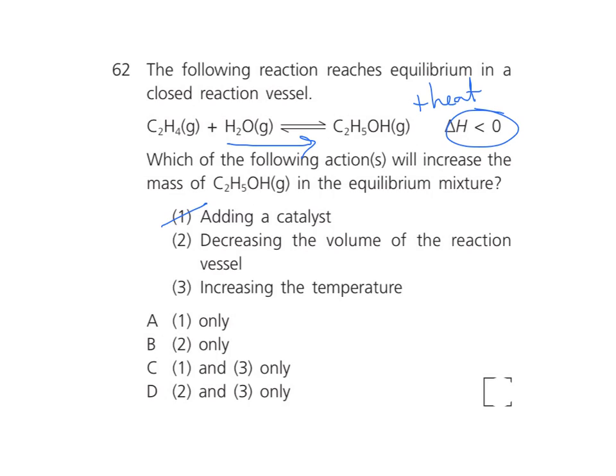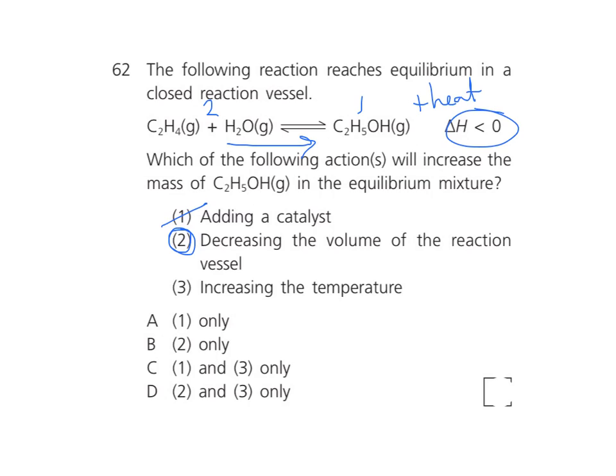It would make the reaction reach equilibrium faster, but it wouldn't end up with a larger percentage of product. Decreasing the volume of the reaction vessel would increase the pressure. The system would try to reduce the pressure by reducing the amount of gas, and indeed that's 2 moles to 1 mole. That would result in a forward shift, so number 2 is possible.